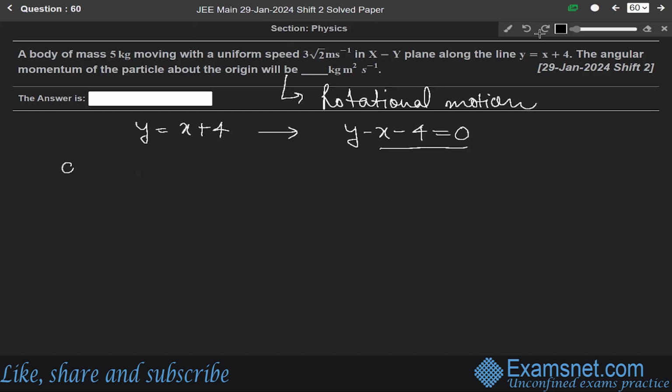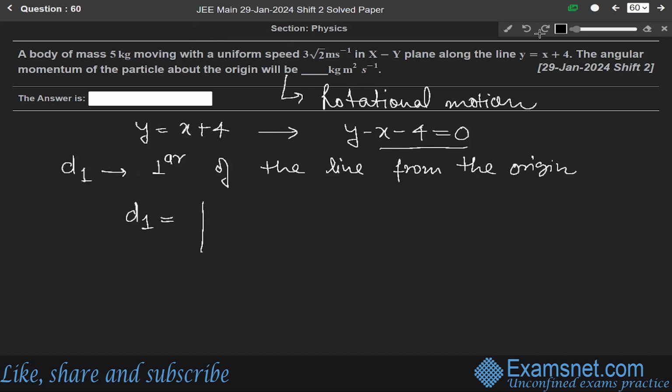Let us say d1 is the perpendicular distance of the line from the origin. Then d1 becomes, from the distance formula, minus 4 over root of 1 square plus 1 square.